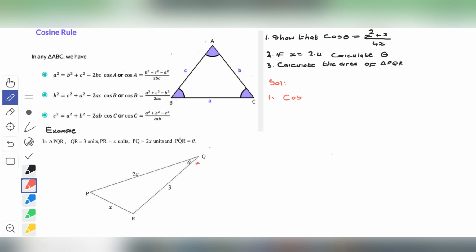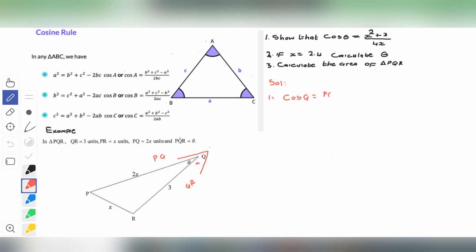Here it is, this theta, which is our angle Q. Therefore, remember after writing this Q, we need to find the two lengths which form this angle. We can see that it's the length of PQ and the length of QR. PQ and QR form angle Q, right?